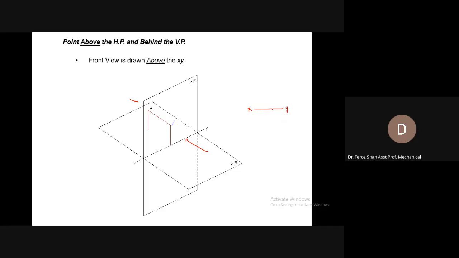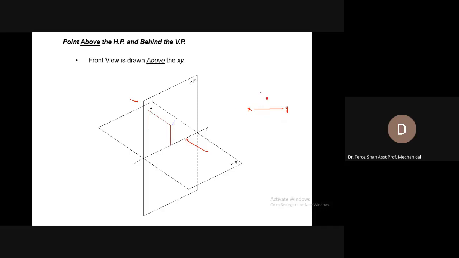So first of all, you have drawn the XY reference line. Now, as the point is above the horizontal plane, its front view is also coming above the XY reference line on the vertical plane. So its front view would be drawn above the XY reference line.